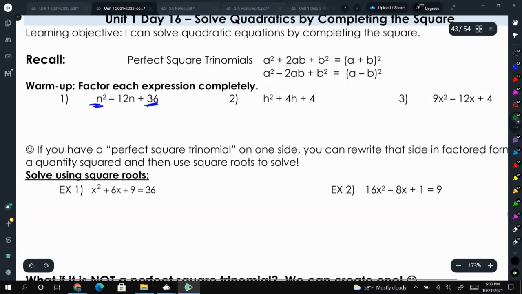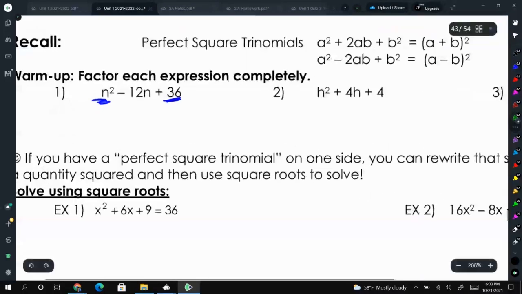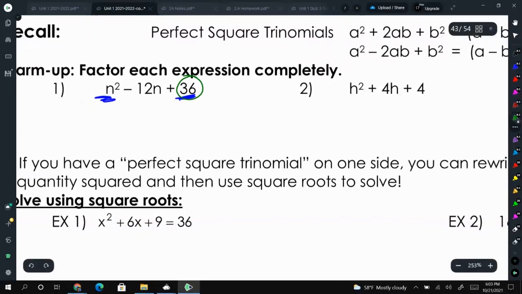So let's look and factor these. You have a perfect square here in 36, a perfect square in here, a 1. So we can write this as x minus 6 squared, and we know it's going to be minus because your b term is negative.